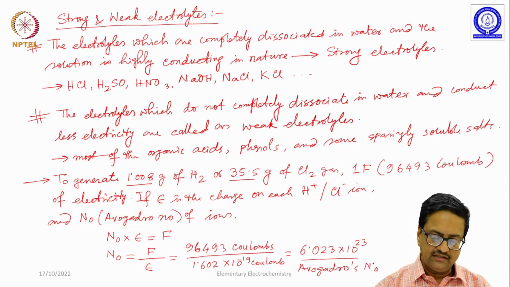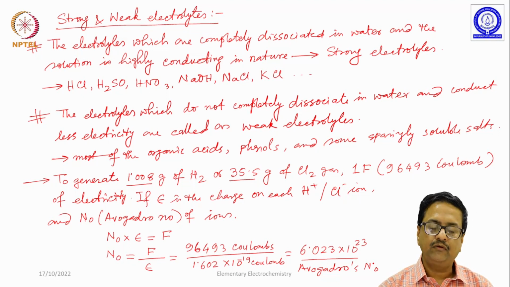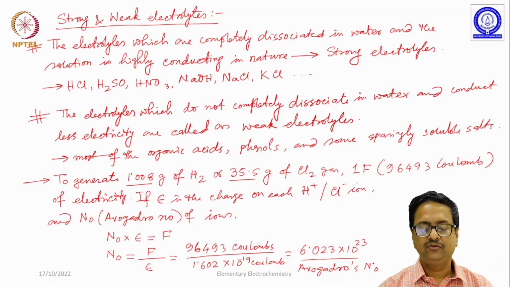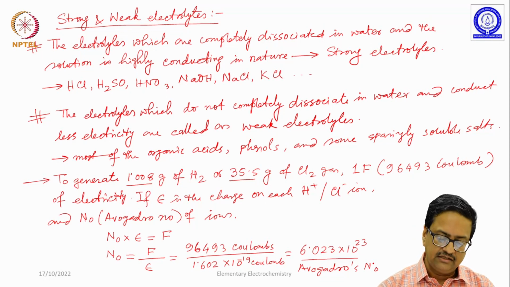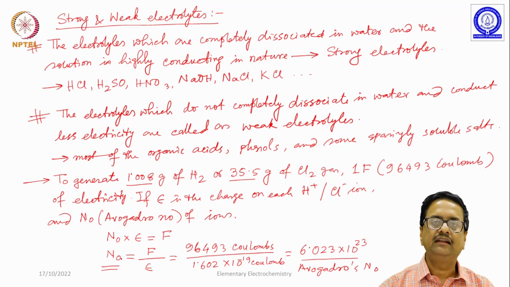So using again the concept of electrochemistry, the number of ions discharged, the corresponding charge on each ion, and the amount of electricity required to generate 1 gram equivalent of hydrogen gas or 1 gram equivalent of chlorine gas, one can calculate the Avogadro number fairly accurately.